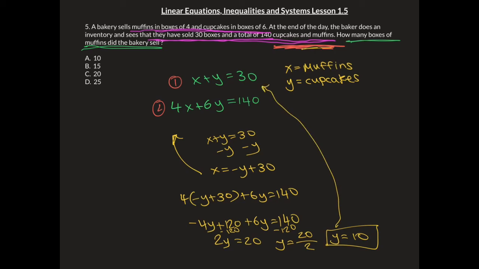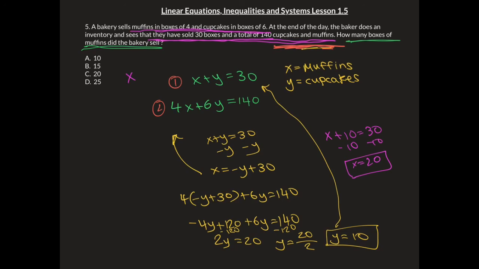So now we have x plus, and y is 10, equals 30. Subtract 10 from both sides, x equals 20. So that means we have a total of 20 muffin boxes.